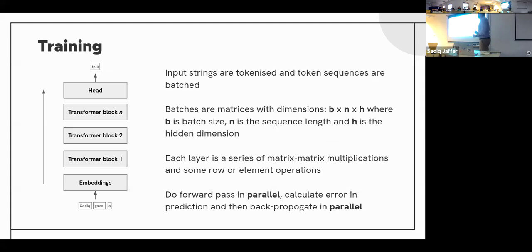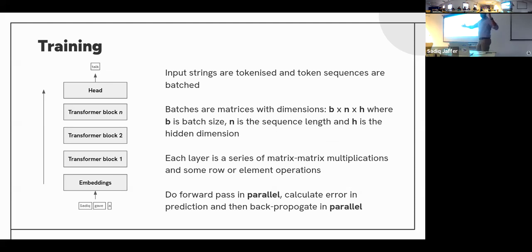The thing that happens in training, why transformers are so popular, is that we do this in batches, right? So we take these input strings, we tokenize them, we put multiple sequences in a batch. So it's the batch size times the sequence length times the hidden dimension.